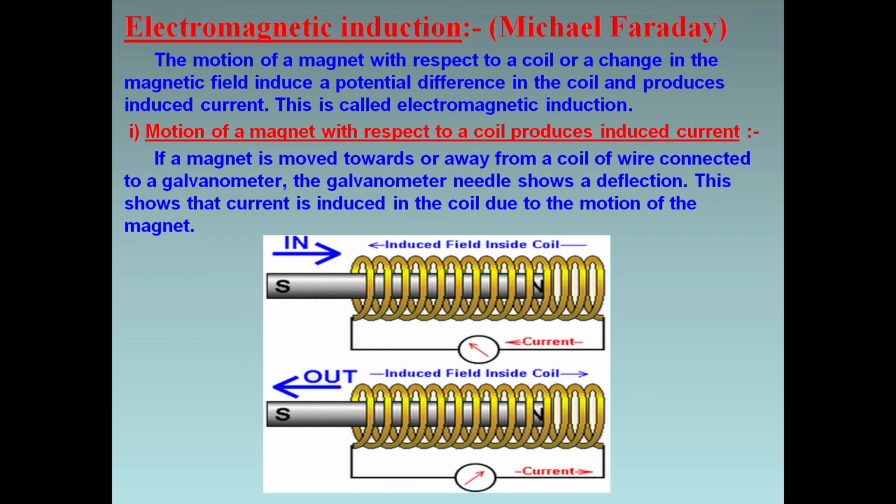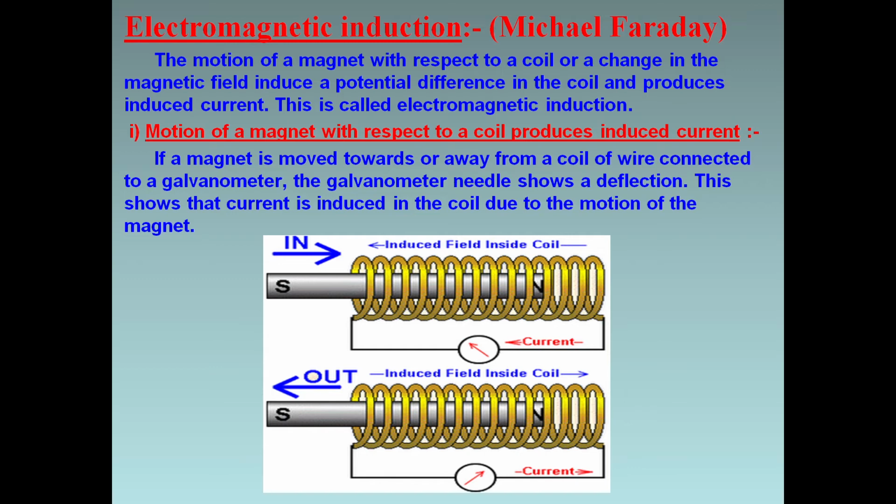This process is known as electromagnetic induction. Now the electromagnetic induction, this process can be understood with the help of two different phenomena. It means that current in a coil can be produced by two different ways.